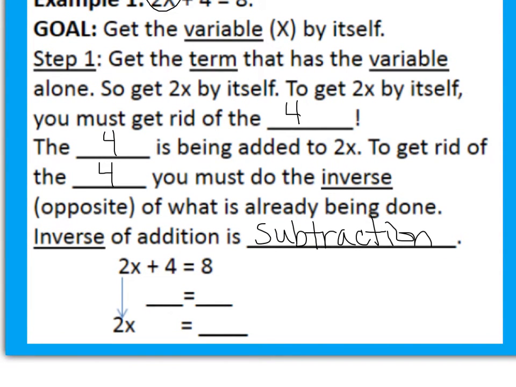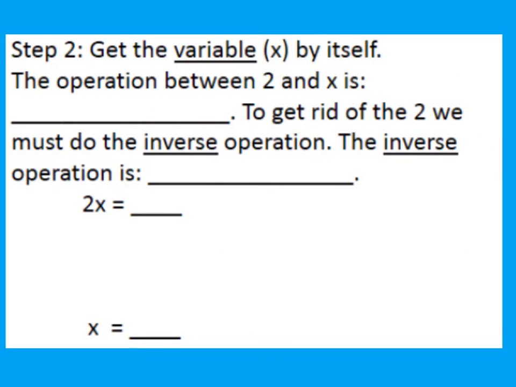We said that first thing we have to do is subtract 4 from both sides. When we subtract 4 from both sides, positive 4 and negative 4 gives us 0. So we're left with 2x equals, now 8 plus negative 4 is going to give us 4. So now we have 2x equals 4.